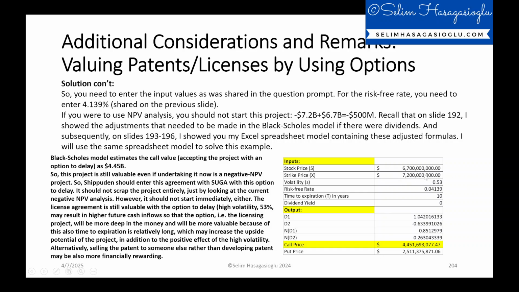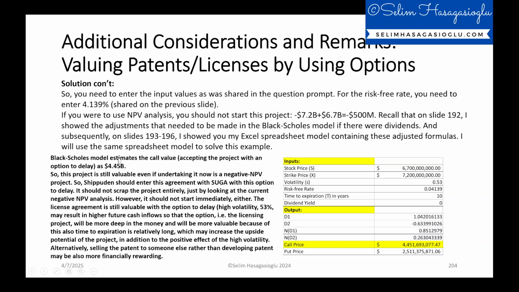Even if initially the call option is out of the money, as is the case, as we also reached by using net present value analysis, the same result. We have very high volatility and very long time to expiration. So because of these two values, this project might be valuable in the future.